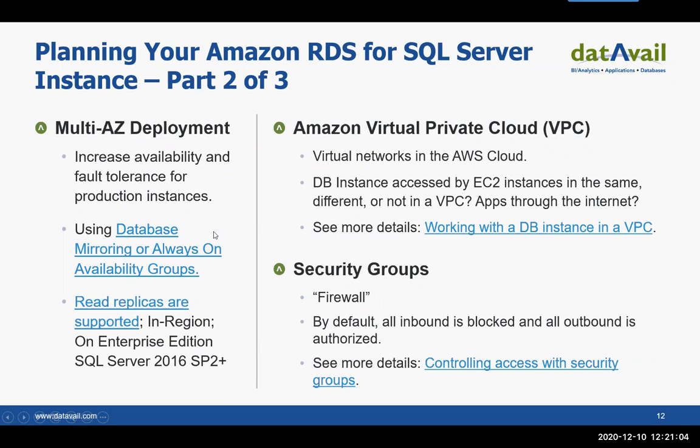Well, one extremely exciting news. RDS for SQL now supports in-region read replicas. You heard that correctly. Read replicas now available. Of course, it's only available for Enterprise Edition, 2016 SP2, cumulative update 3 or higher. And back then you were not able to do this.